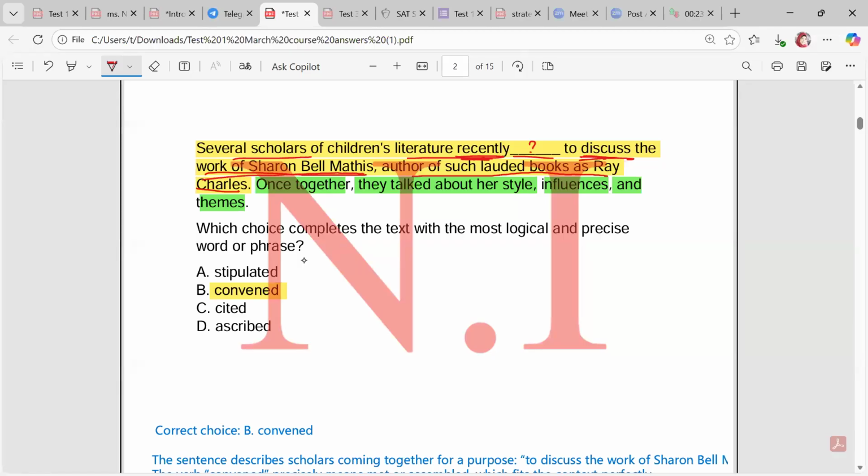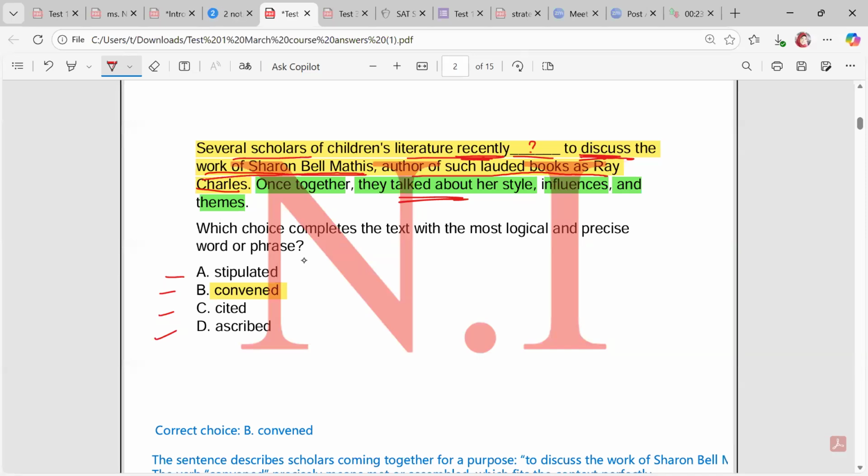They meet and discuss the work of this author. Once together they talked about, discuss. Okay, try each option.